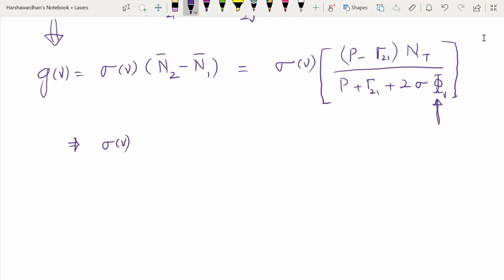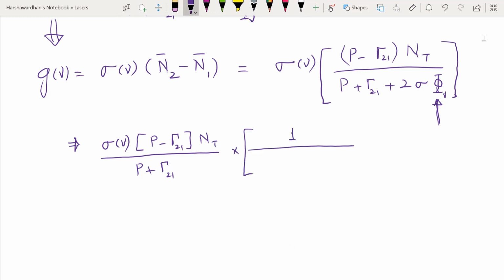I can take sigma nu, these prefactors out, take the pumping and the gamma 21 from the denominator, and this becomes like a prefactor, and this I can multiply by 1 by 1 plus twice sigma. Remember, it's a function of nu. You're looking at photon flux at nu, and divide this by P plus gamma 21, right?